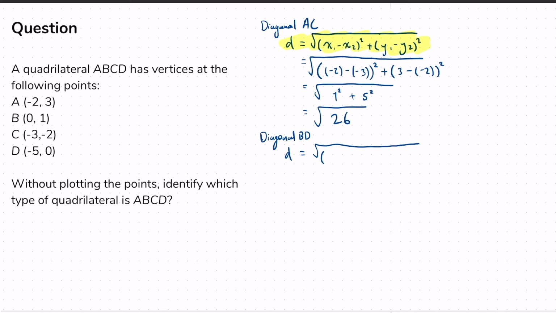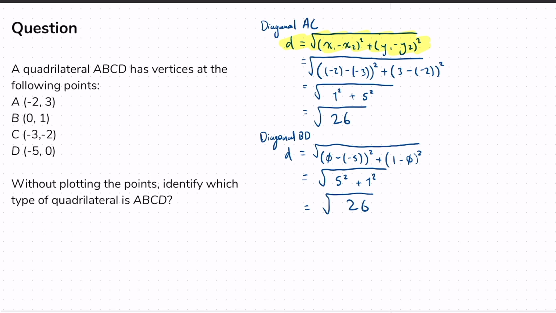Well, that's going to be 0 minus 5 squared plus 1 minus 0 squared. So again, immediately I can see that I've got 5 squared plus 1 squared, same thing we had above. So it's going to be equal to the square root of 26.